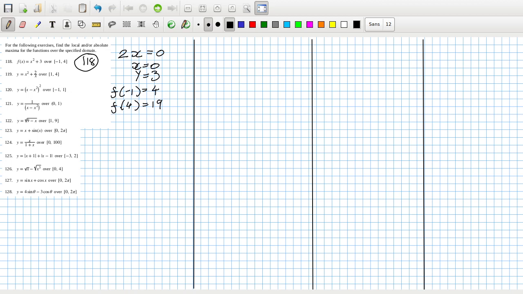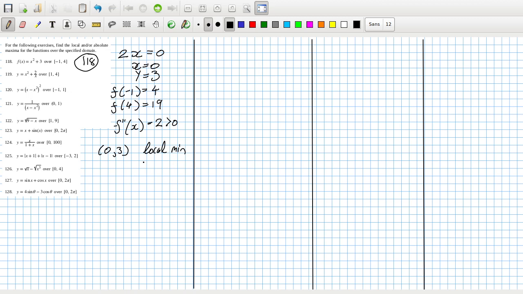And the second derivative is 2, positive. So that makes that one a local min. So 0, 3 is a local min.